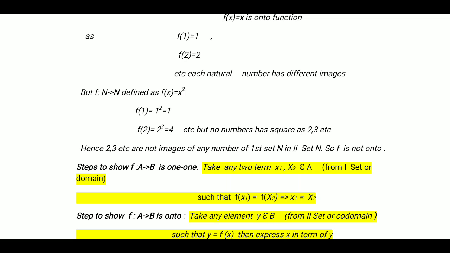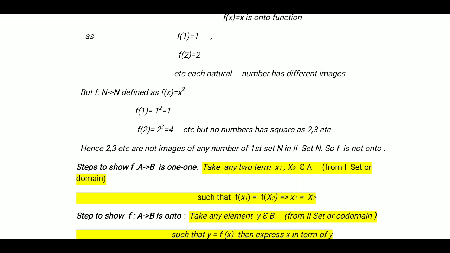We take any two elements: f(1) is taken, 1 is taken, the value will be 1 square, that we get 1. 2 is another value, we take f(2) is 2 square, that is 4. Thus we see that element 1 of the first set is associated with element 1 of the second set, and element 2 of the first set is associated with element 4 of the second set, and so on.